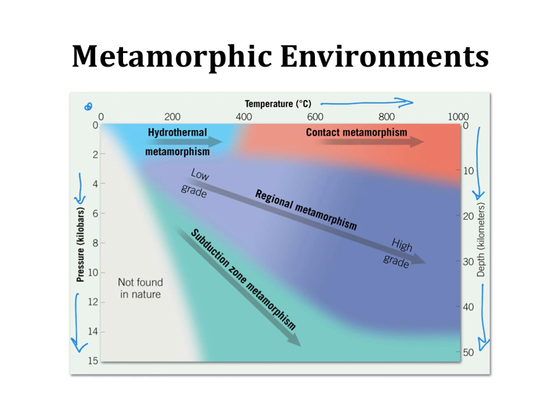What you're seeing here are the temperature and pressure conditions that we've talked about in the previous slides put onto a graph. So for instance, subduction zone metamorphism, which is down here in this kind of greenish blue area, this gray arrow is indicating the direction in which pressure and temperature change during subduction zone metamorphism.